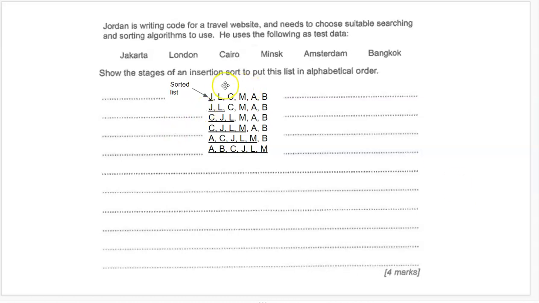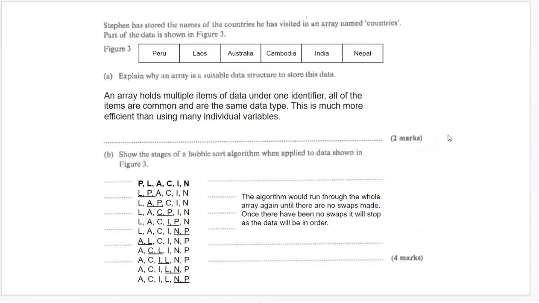You'll see there we only ever move one item at a time until we've inserted each one on its own. And then finally we've got the bubble sort, and you'll see that we just look at 2 items at a time and we swap them if needed, but we have to keep iterating through until we have put them into the right order.